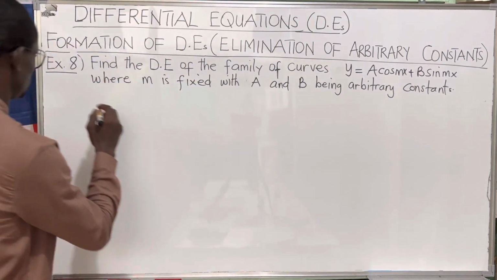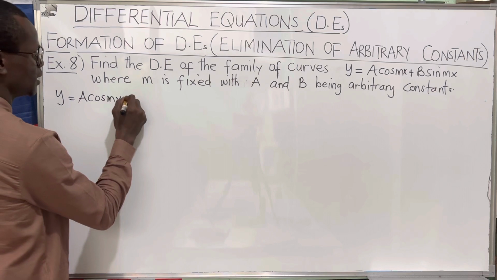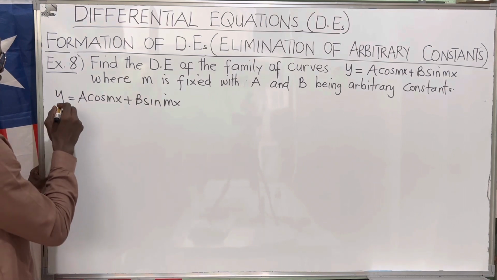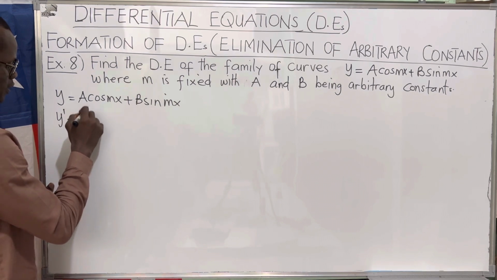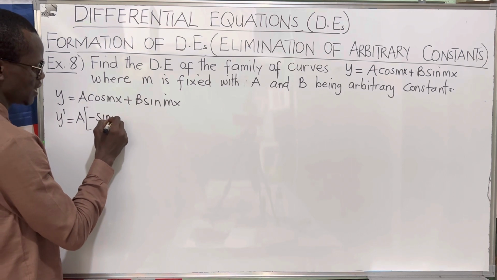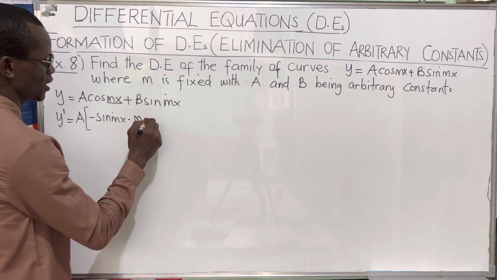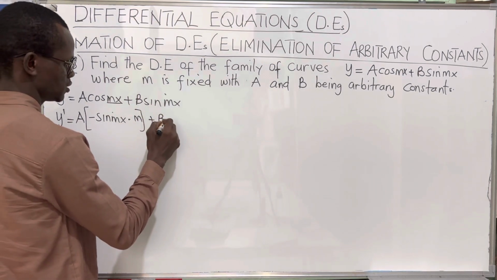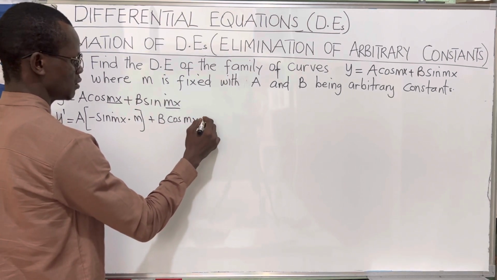So we have y equals a cos of mx plus b sine of mx. We differentiate the first time. We have y prime equals a times the derivative of cos of mx, which is minus sine of mx times the derivative of mx, which is m, plus the derivative of b sine of mx, which is b cos of mx times the derivative of mx, which is just m.